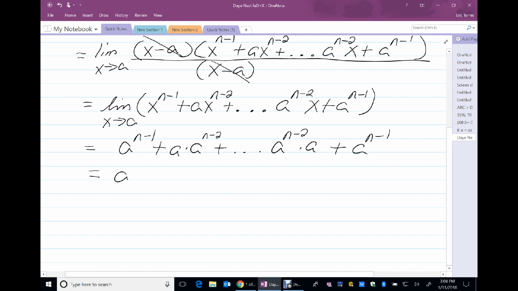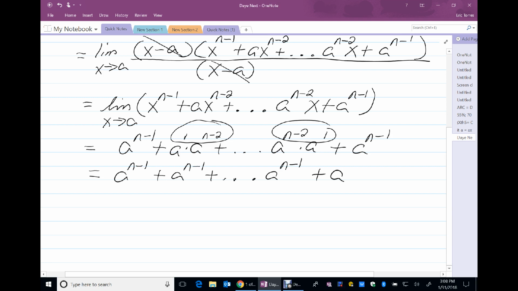And I don't need to do anything to the first one. Notice what happens here is I add my exponents together when I'm multiplying like bases. So n minus 2 plus 1 gives me n minus 1. And that's going to be the same over here. Add my exponents, I get a to the n minus 1.